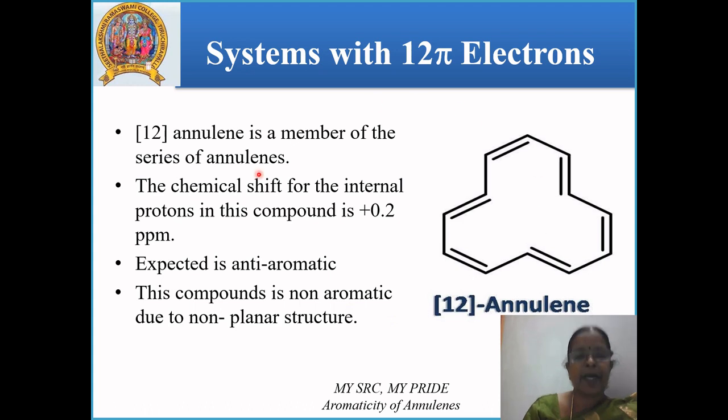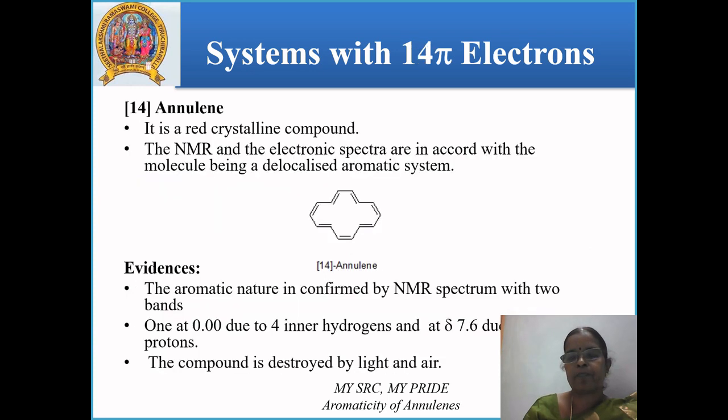A system with 12 pi electrons is anti-aromatic, but due to its non-planar structure and bond angle strain, it is non-aromatic. A 14 pi electron system is aromatic according to Huckel's rule. It is somewhat aromatic in nature because it is a bigger ring, and the bond angle strain is somewhat eliminated.